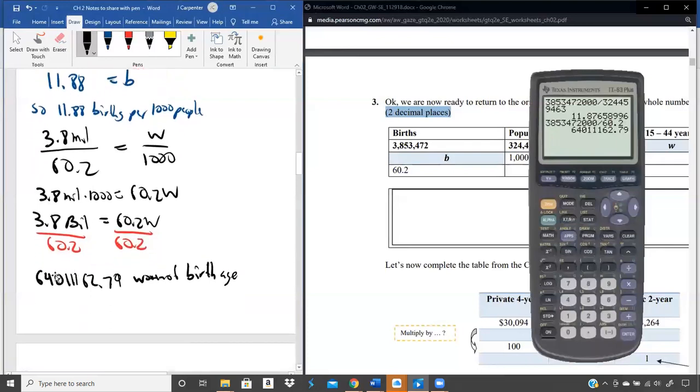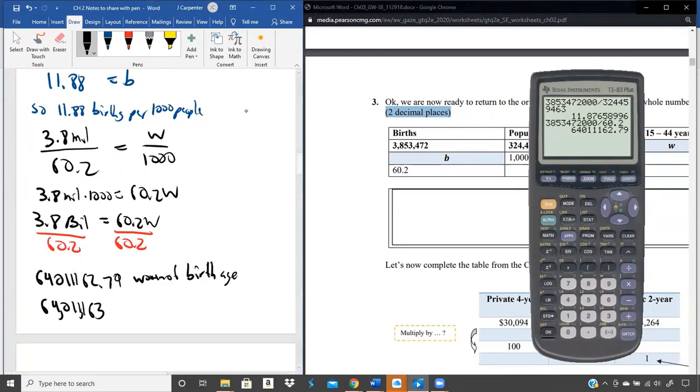Now, very often when we're talking about a large number of people, we don't really like decimals. If we're talking about a couple of people, like the average household is 4.2 people, that's when we'll leave a decimal with people. But it's really hard to have 79/100ths of a person. So the rule of large numbers states that you just round that to the nearest whole number instead. So 6401163, which would be 64,011,163.